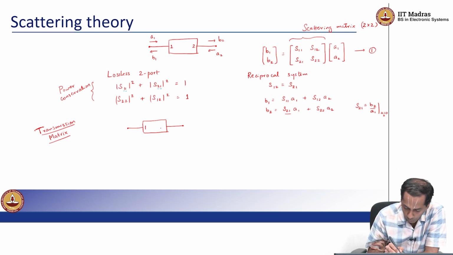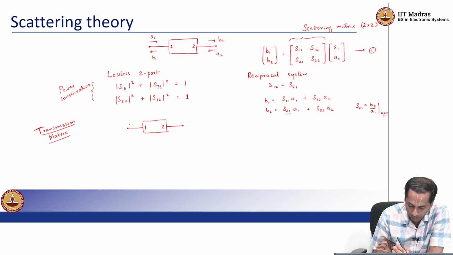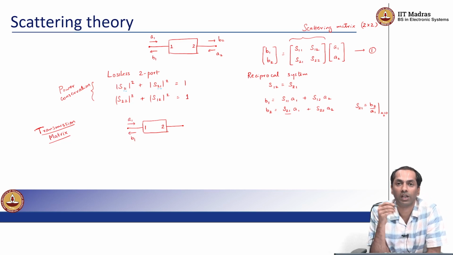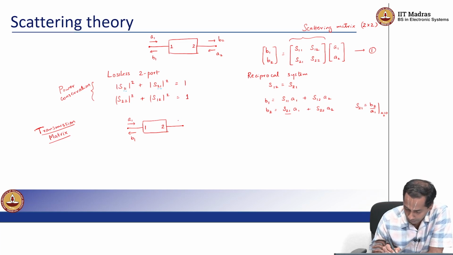So I have the same two-port device, and instead of relating all the incoming waves to the outgoing waves, we are going to relate all the waves which are on one port to the waves that are in the other port. So this is what we called B2 and this is A2.